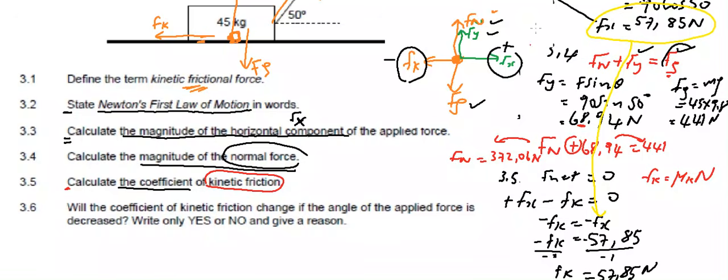The normal force is already calculated in the question, which means we are going to substitute in place of the normal force, and Fk is calculated now here, so we substitute it there.